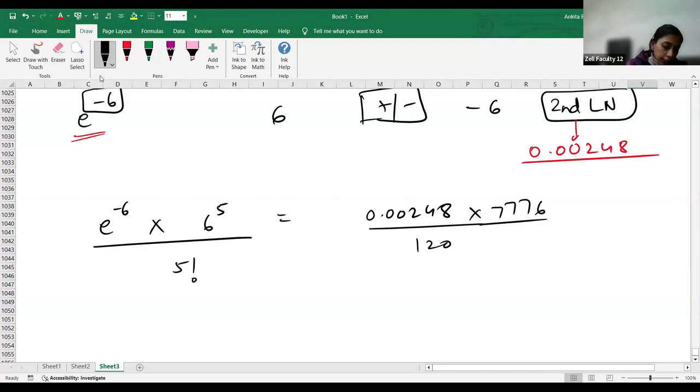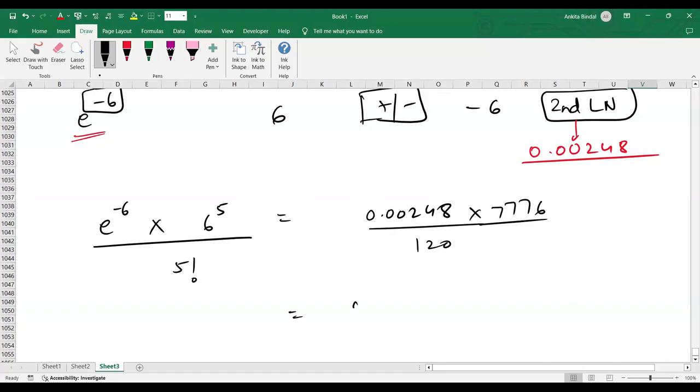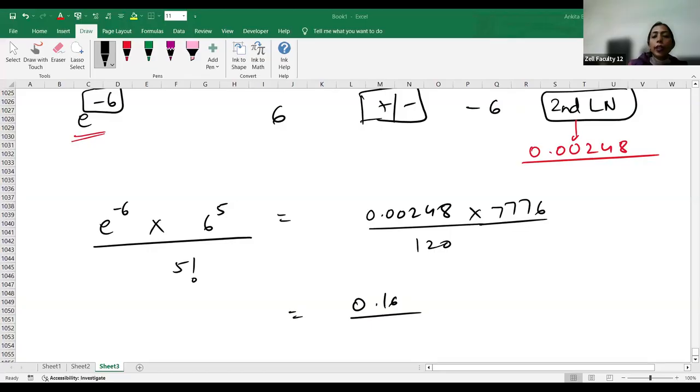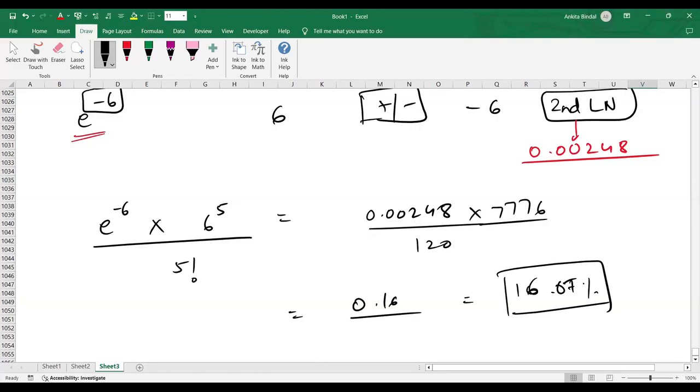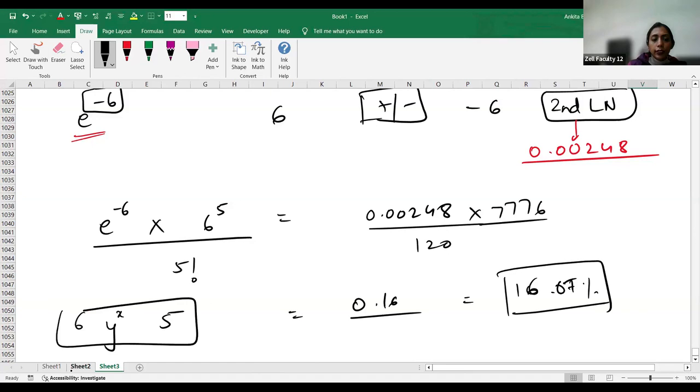Now solve it and tell me how much you are getting. 0.1606, so about 0.16. If I want to write this probability as a percentage, I multiply by 100 and get 16.07 percent. For 6 to the power 5, I press 6, y to the power x, and then 5.